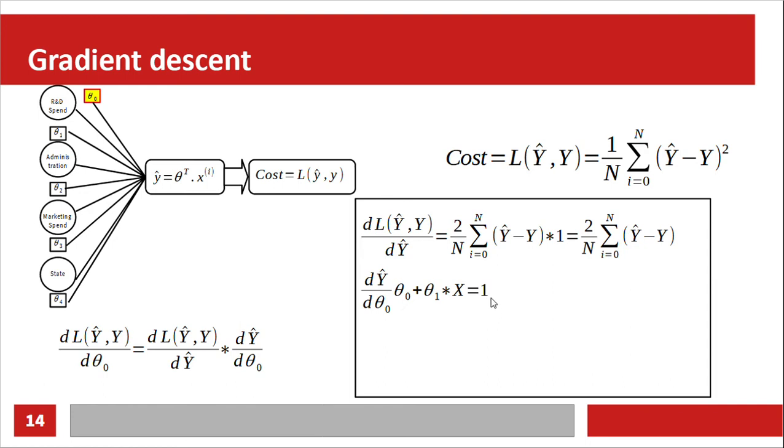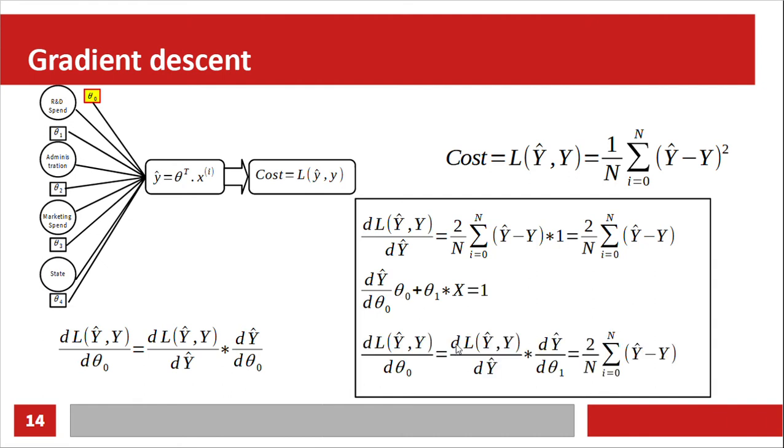Theta 0 is equal to 1, and the other terms, I'm sorry, I just forgot to add the other terms. For example, plus theta 2 multiplied by x2, plus theta 3 multiplied by x3. But all of these terms are constants, so the derivative of the constant will be 0, except this one, it will be 1.